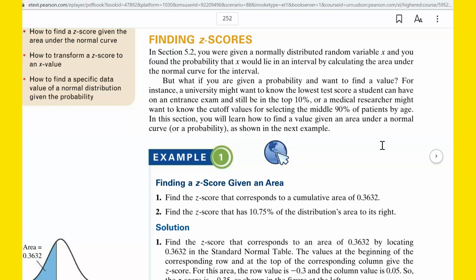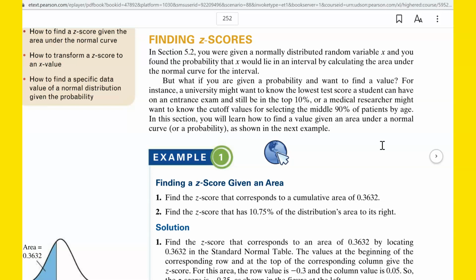But what if the problem instead said something like, what shoe size do 75% of men have a shoe size less than that shoe size? Then that's what we're doing in this section. Let me make it a better example.